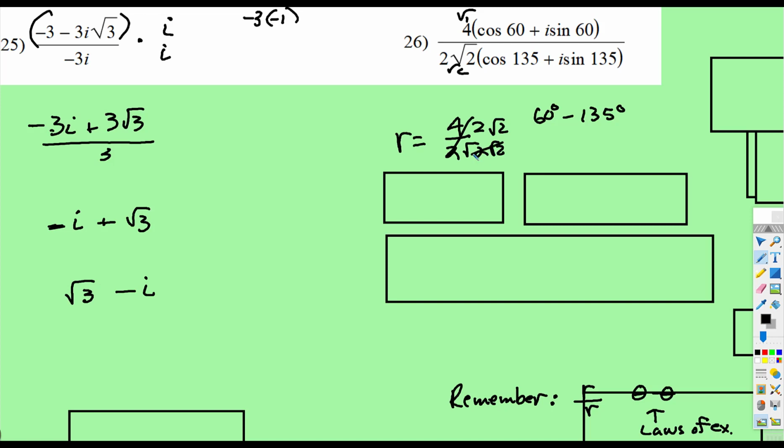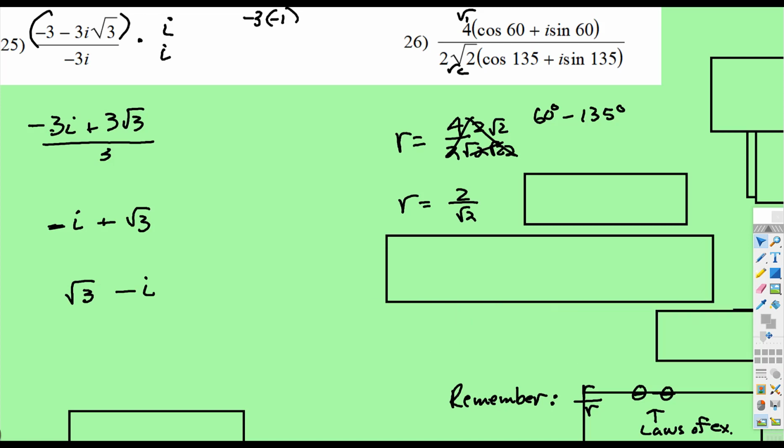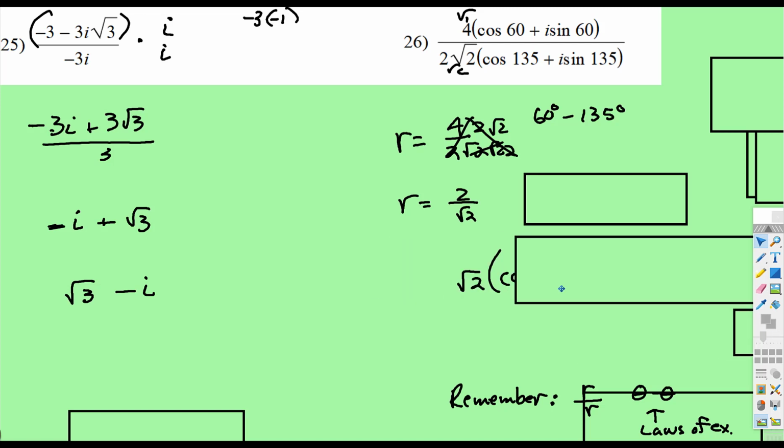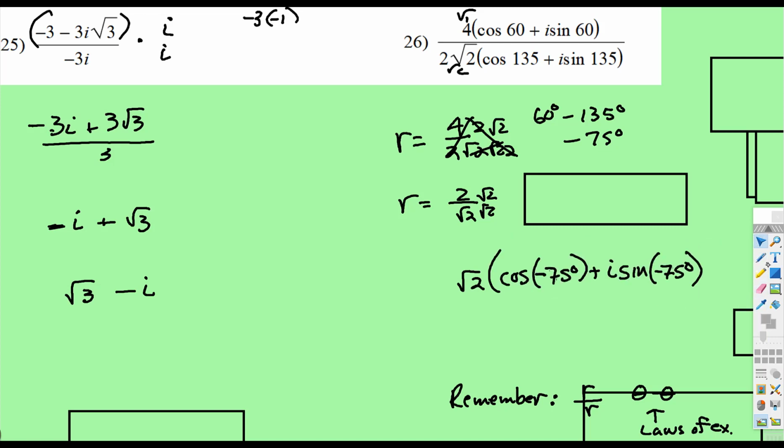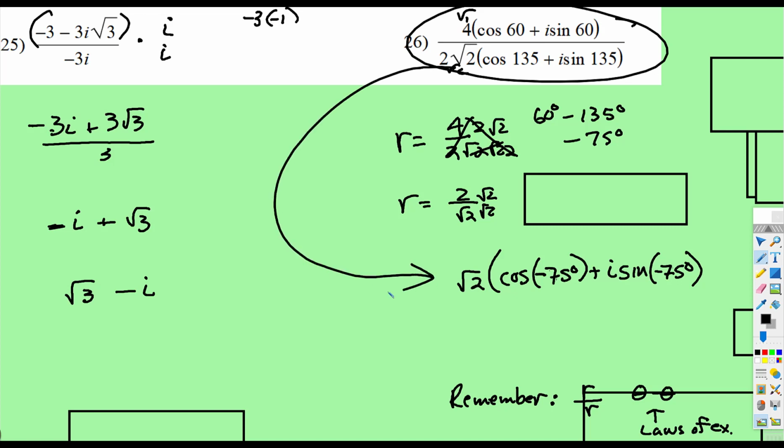Well, root 2 times root 2 simplifies to 2, and then the 2's cancel, leaving root 2. Okay, so r is now root 2, and then 60 subtract 135 is negative 75 degrees.